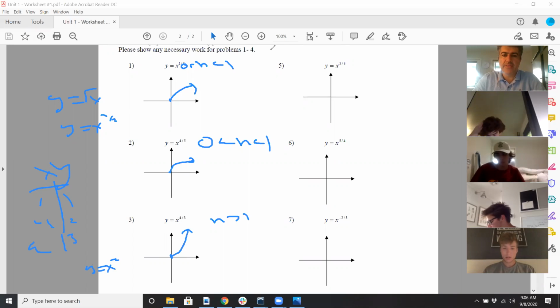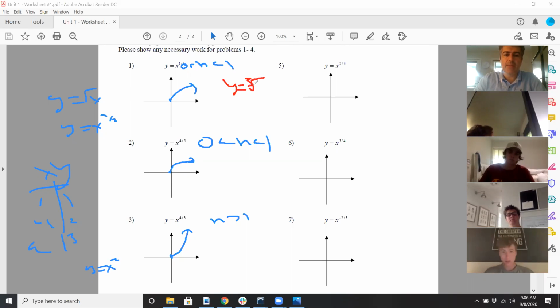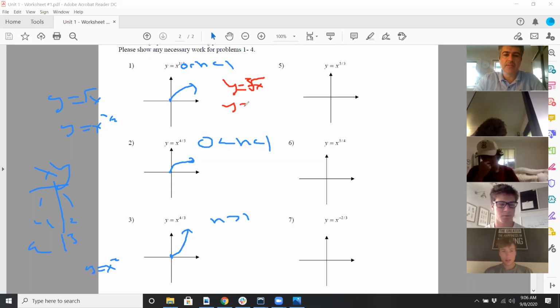Now, what's going on on the left side? I'll do this in red for a bit of contrast. On the left side, you're cube rooting, remember, for number 1. Can you cube root negative numbers? Absolutely. You can odd root negative numbers, so it is defined. Now, is it odd or even? What if I take the cube root of negative 1, or cube root of negative 8?